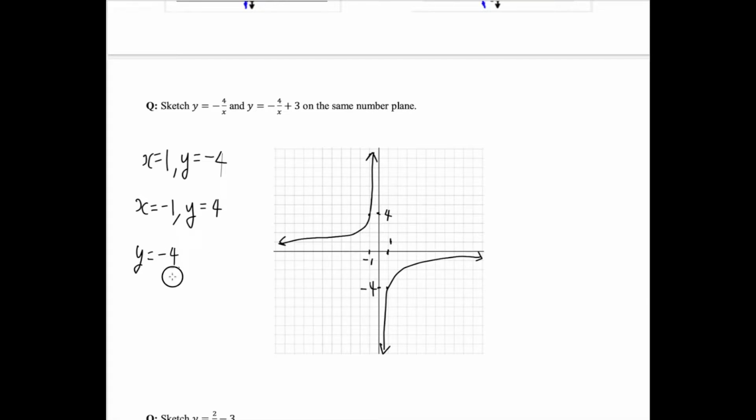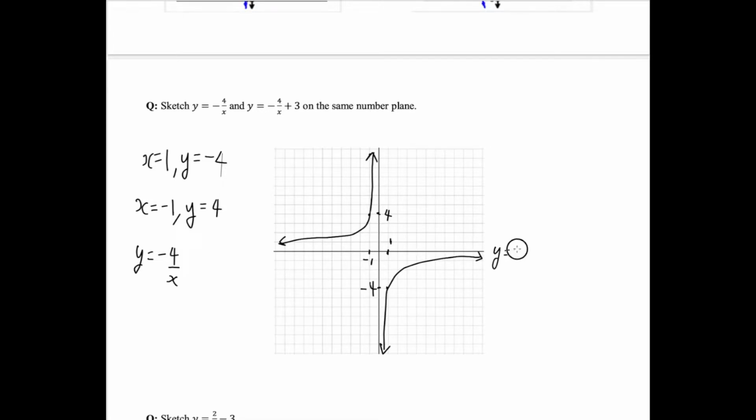Now to sketch y equals minus 4 over x plus 3, we have to shift the graph up 3 units. I'm going to use a different colored pen for that. Previously, the horizontal asymptote for the old graph y equals minus 4 on x was y equals 0.